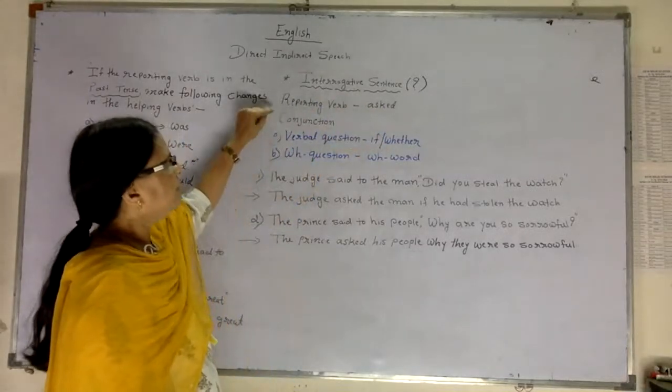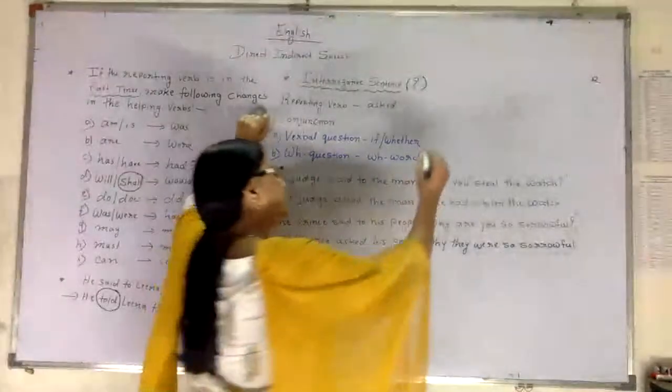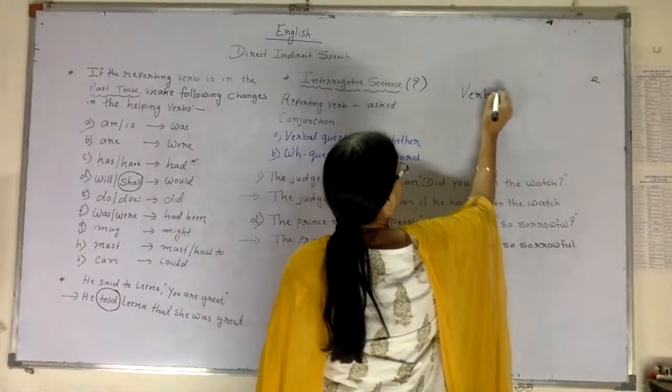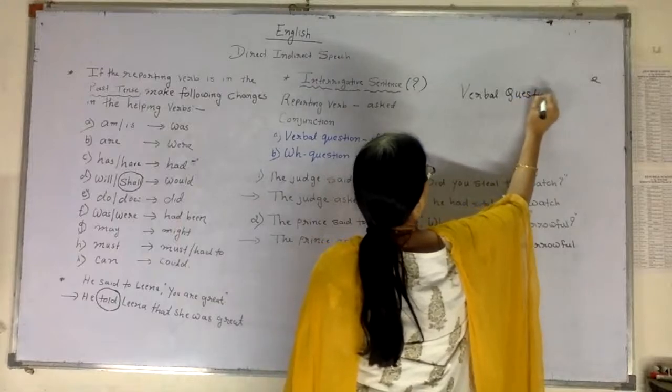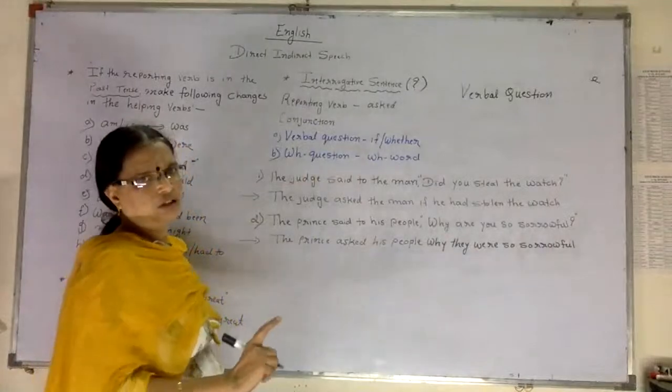Then next, remember that there are two types of interrogative sentence. One interrogative sentence we call a verbal question, right? One type is the verbal question, which is also known as the yes/no type question.